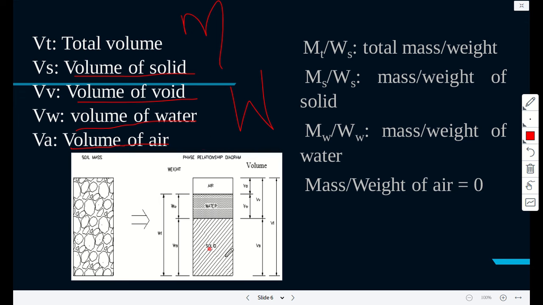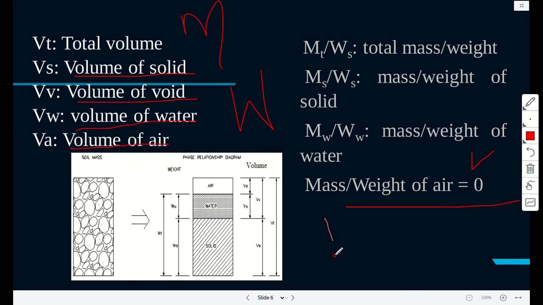So please pay attention. We are saying here that the mass of air is assumed to be 0, because in relation to something like water or solids, the air is relatively weightless. So it's a reasonable assumption to make that the mass of air is 0.